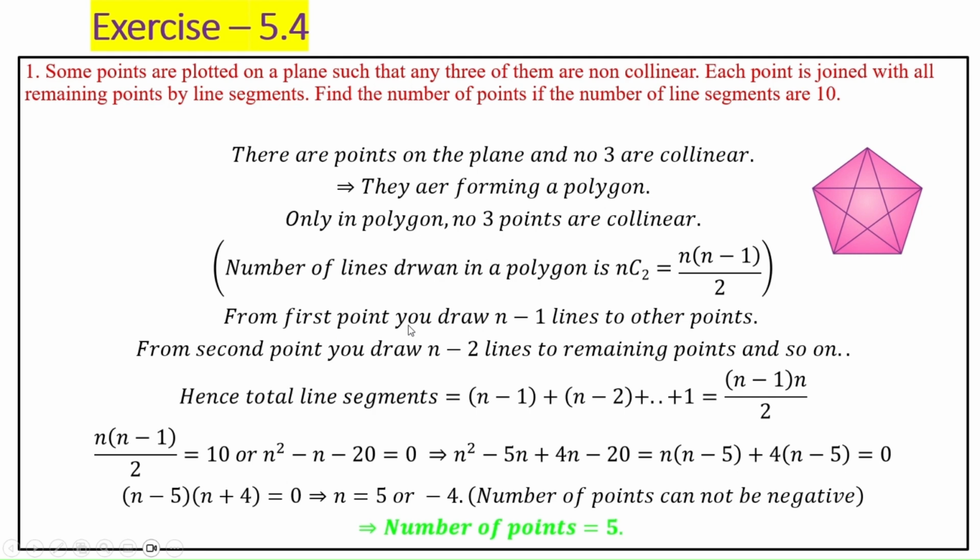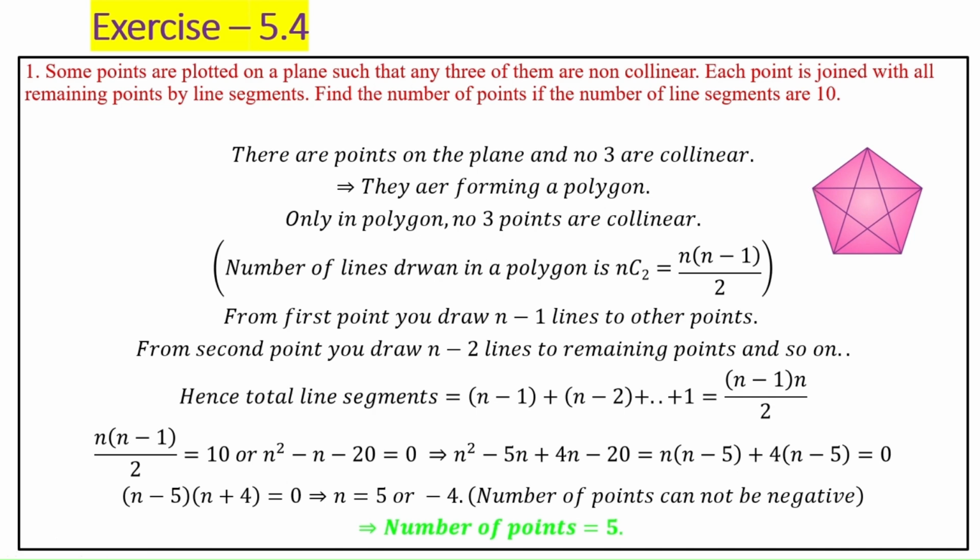You have n points on a plane. How many lines can you draw? This is the first point. I can draw n minus 1 lines to all other points, right? So the first one is n minus 1. And I take the second point. I can draw n minus 2 lines to all other points because to the first point a line is already drawn, so I don't need to draw again. So I get n minus 2. Then from the third point I will do n minus 3, like that up to the last point where I don't need to draw any line.